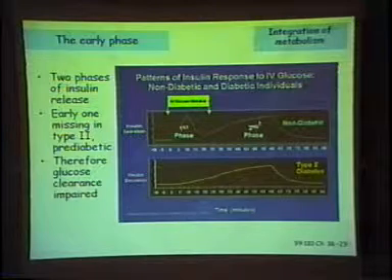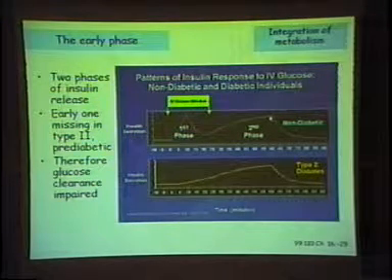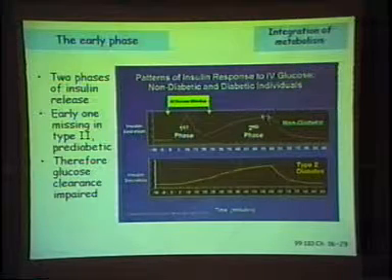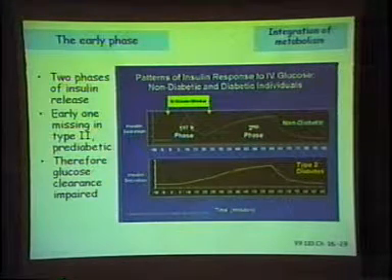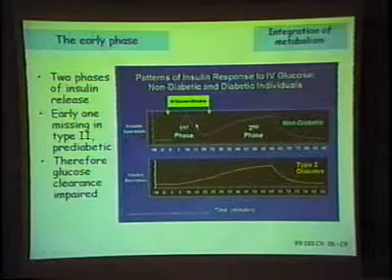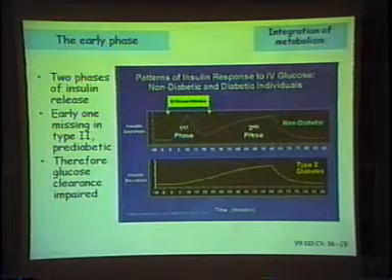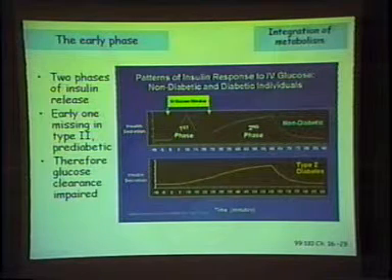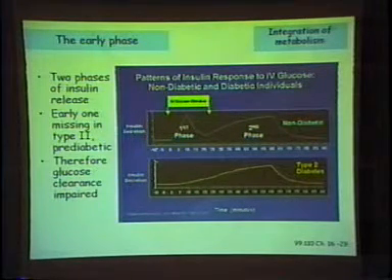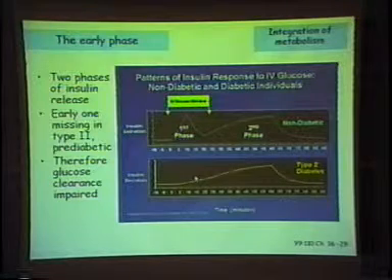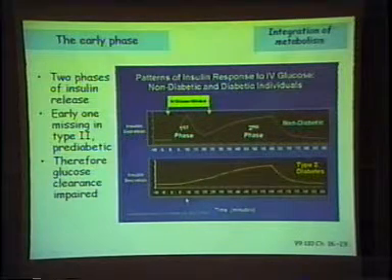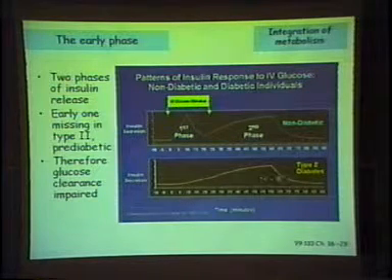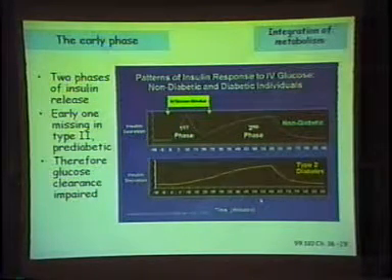And then there's a second phase of insulin release that is fine-tuning it. But this early phase is capturing the early part of it to keep it from getting out of control, and then the second phase can further manage it and spread it out over time. In someone who has type 2 diabetes, that early phase is not there. And so there is not the ability to keep it under control from early on. And therefore it takes that much longer to clear it out of the blood.